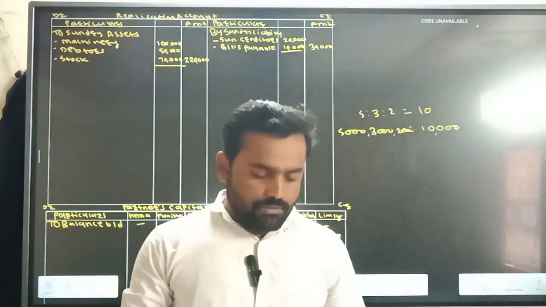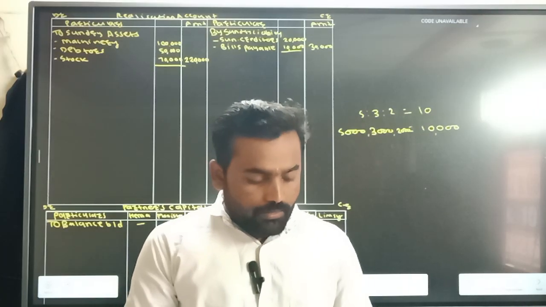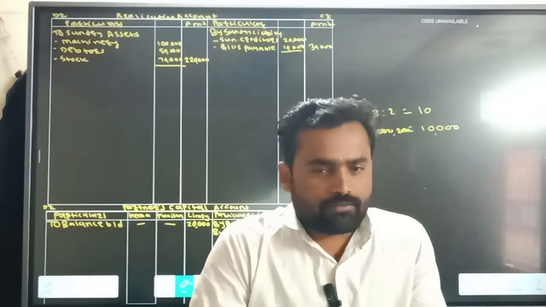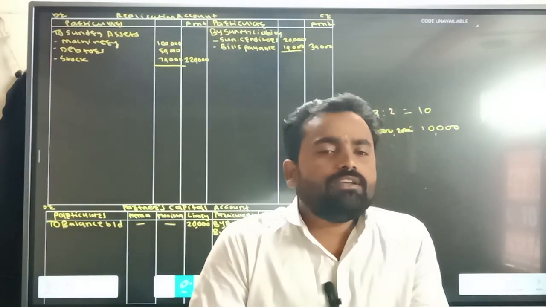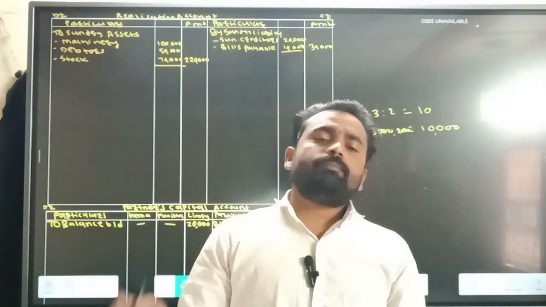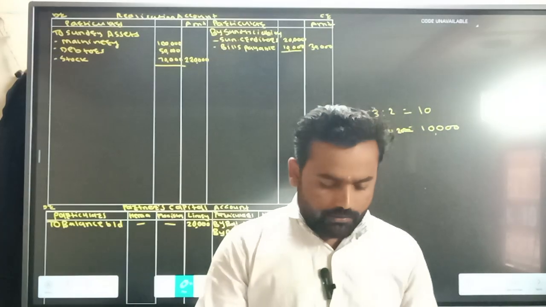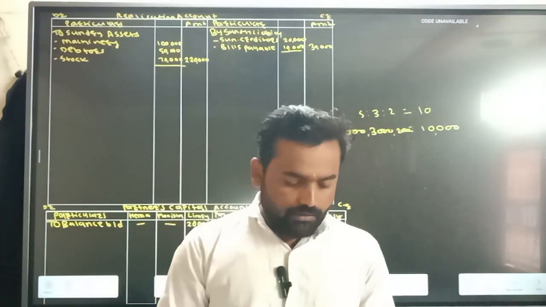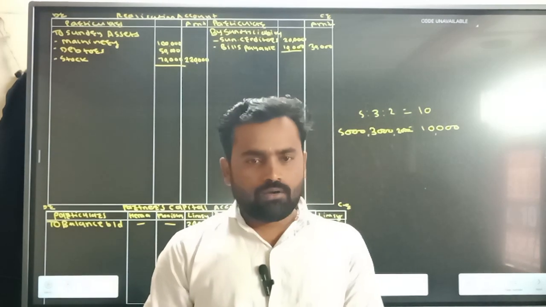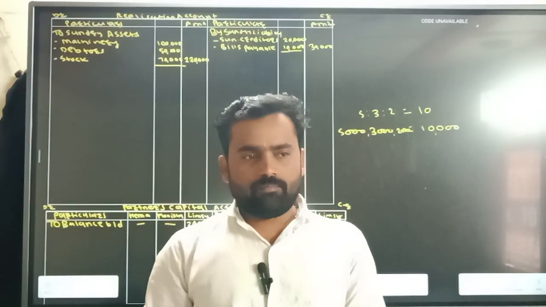Next, we have the effect of adjustments, and you know that for adjustments, two effects are a must. If the first effect is debit side, the second effect will be credit side. So first, the first adjustment: machinery realized 60% of its book value. Machinery realized means machinery sold and amount received at 60%.